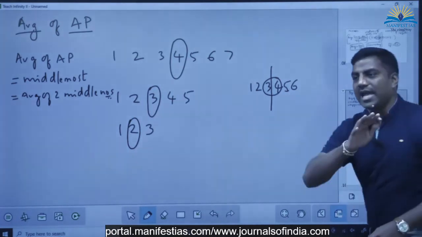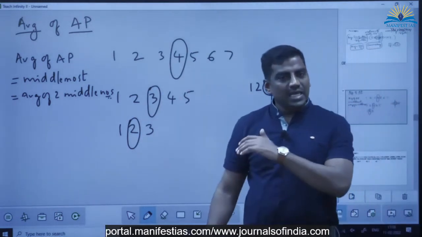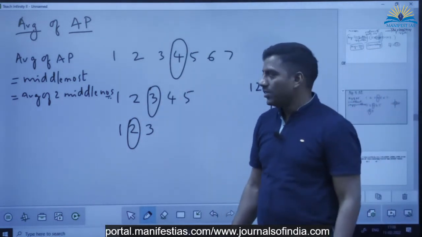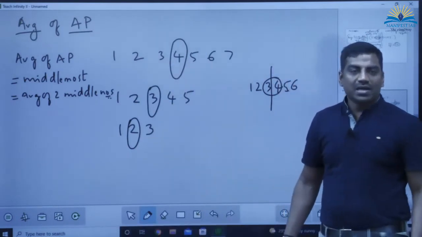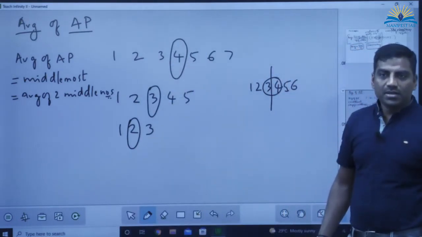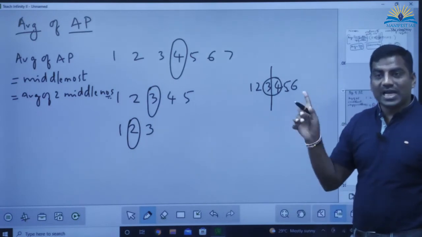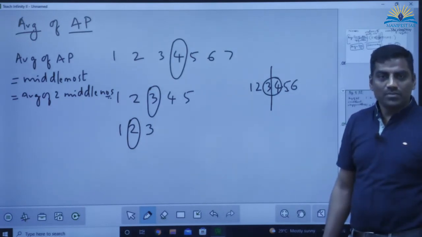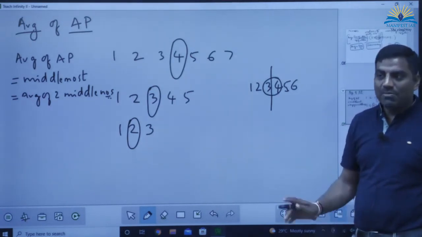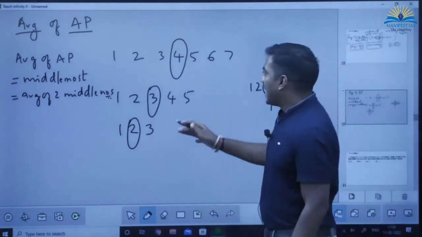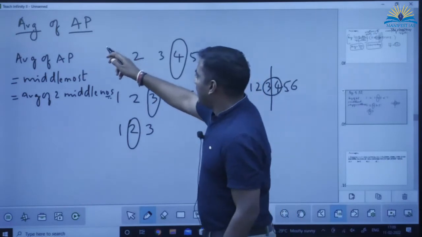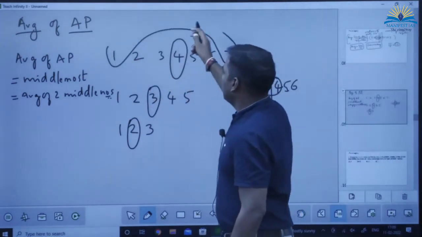Write any AP, any arithmetic progression in the world. Marking the middle one is difficult, but marking the first number and last number is not difficult. So rather than marking the middle, I'll take the average of these two.